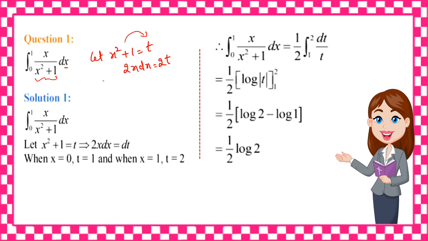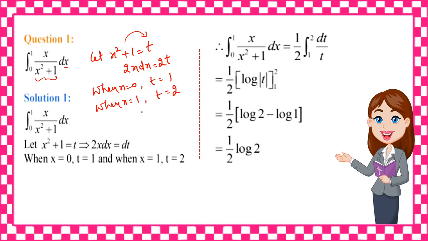So definitely we have to change the limits also from x to t. So when x is 0, the lower limit, let's put the value here. If x is 0, t will be 1, and when x is 1, the upper limit, 1 square plus 1, t is 2. So the new limits will be 1 to 2, right?